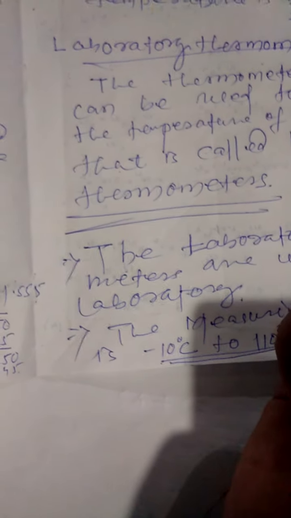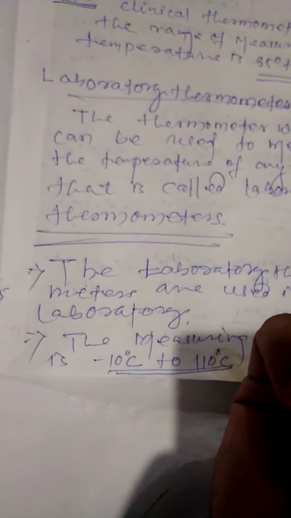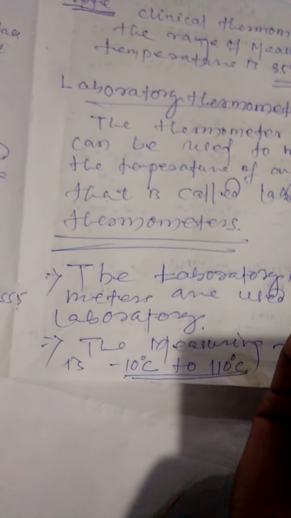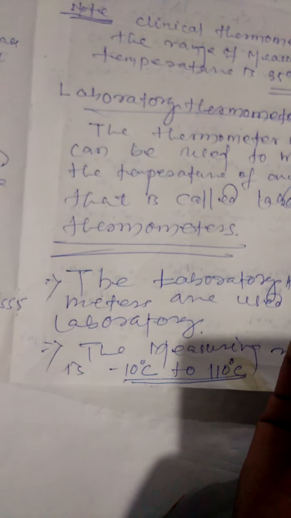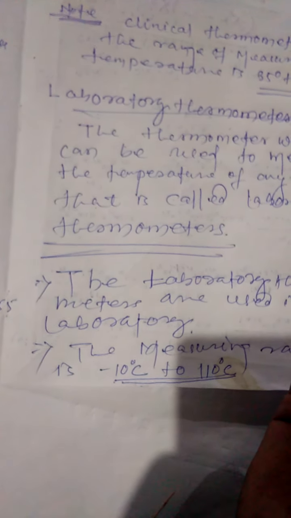So this much for today. We will discuss in our next class various points like radiation, insulator, conductor, land bridge and sea bridge.